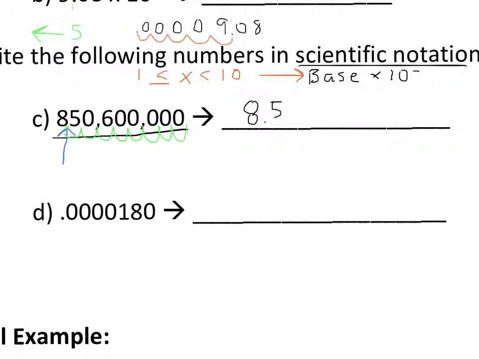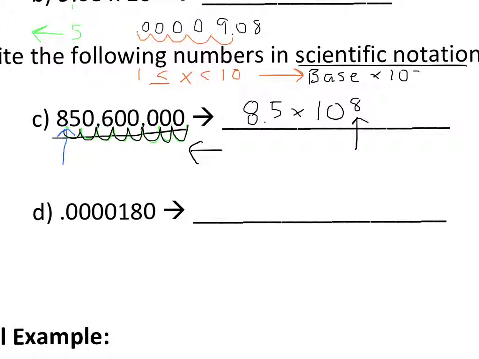So that means we will write 8.5 times 10 to the 8th. Again, because that number 8 means that we would take the decimal and move it 1, 2, 3, 4, 5, 6, 7, 8 spaces to the right to express this number in standard notation if we were going in the other direction.